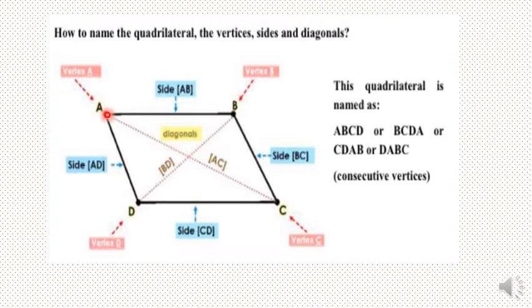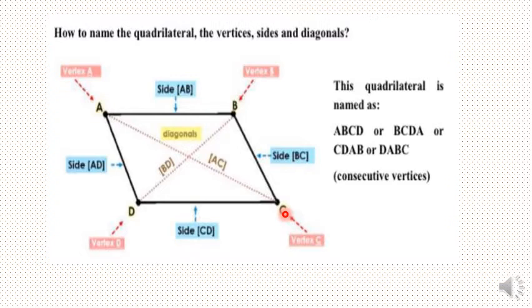It's called A, B, C, D. Okay, I go to the consecutive vertices. A, then B, then C, then D. Or you can start from B, it's B, C, D, A. Or you can start from D, it's D, A, B, C. This is a quadrilateral A, B, C, D.